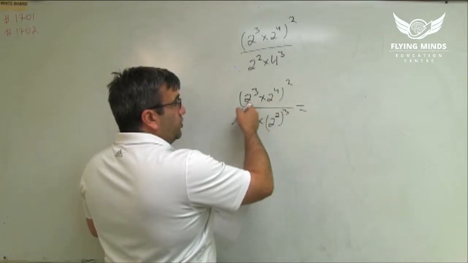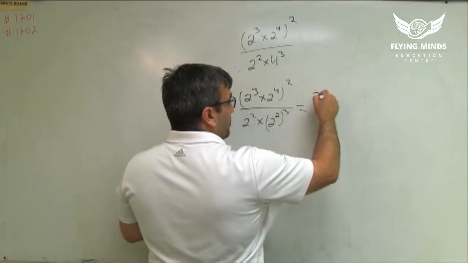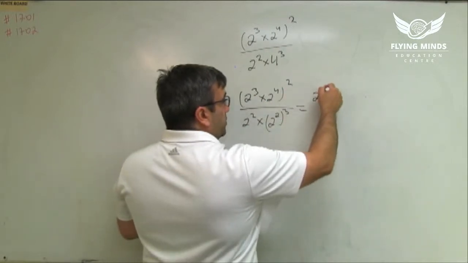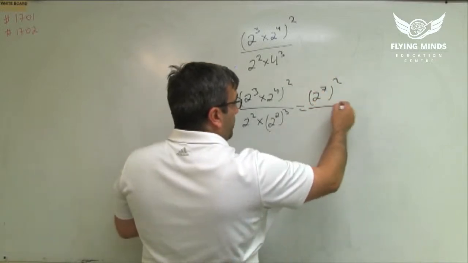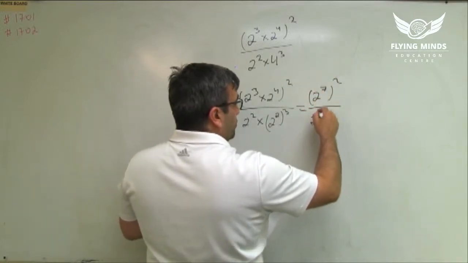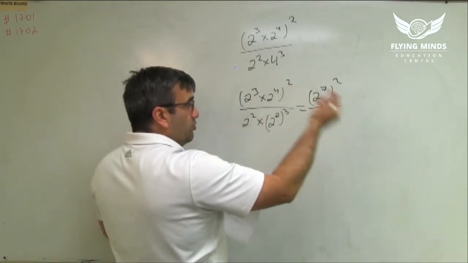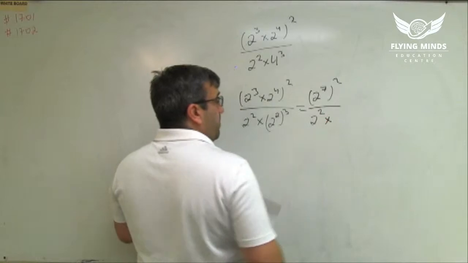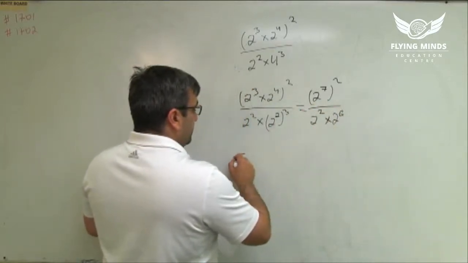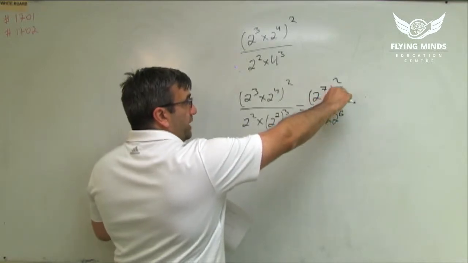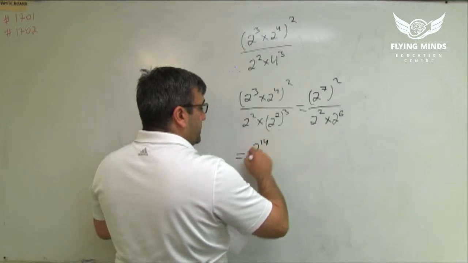Now let's work it out. We multiply two numbers with the same base, different exponents, so we add exponents. 3 plus 4 will be 2 to the power of 7, and everything to the power of 2. Here we have 2 squared, cubed. Exponent inside exponent, so we multiply exponents. 2 times 3 is 6. Now for 2 to the 7 squared, exponent inside exponent, so we multiply. It will be 2 to the power of 14.